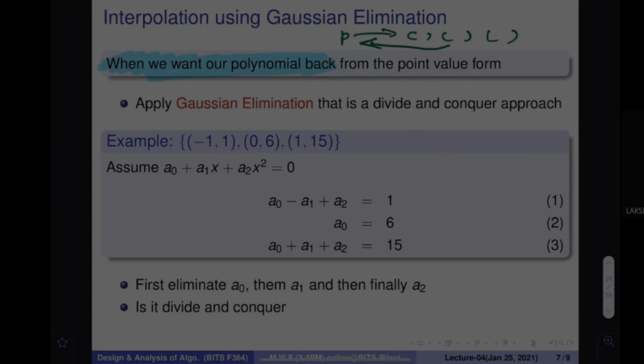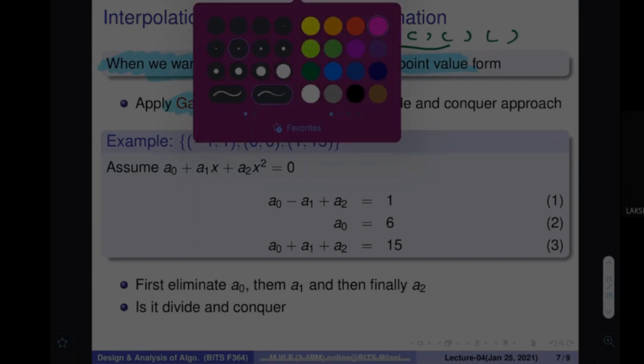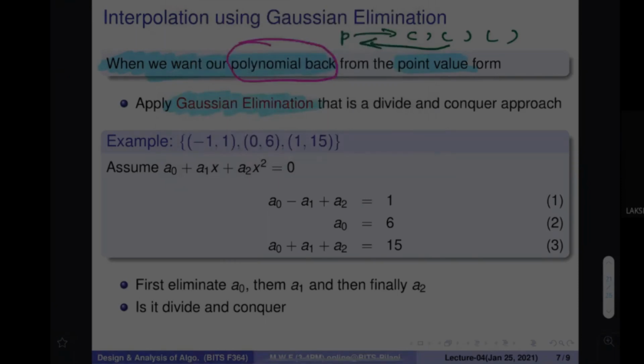There is a method called Gaussian elimination that gives you a direct way to go from the point values back to the polynomial. If you want your polynomial representation back, from point value you can use Gaussian elimination.